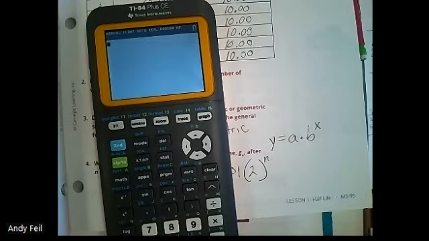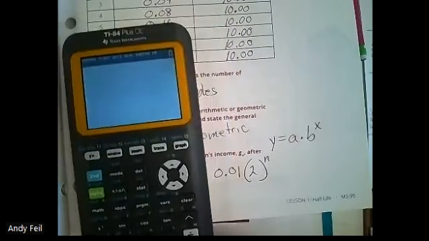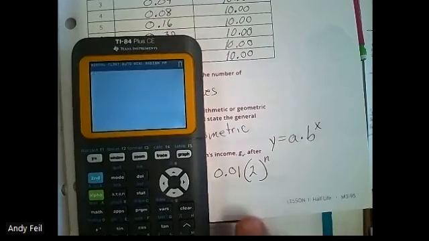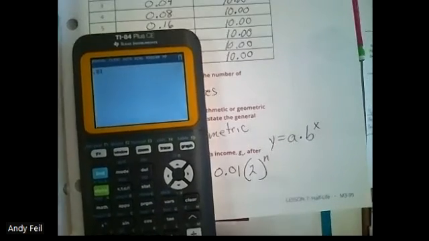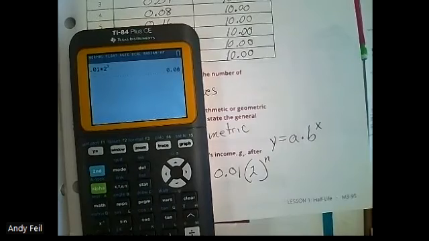You definitely want one of those today. And then type this in, 0.01 times 2 raised to the 3rd power, and tell me what we did wrong.